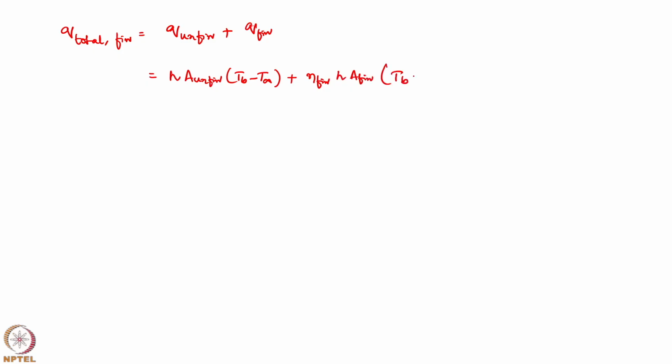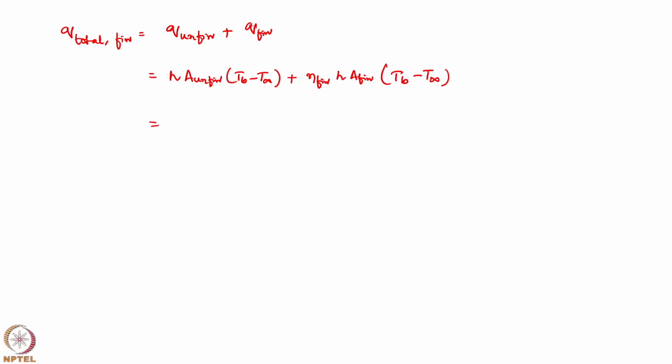So that means Q total fin is equal to Q unfin plus Q fin is equal to H area unfin into Tb minus T infinity plus efficiency of the fin into H into area of the fin into Tb minus T infinity.